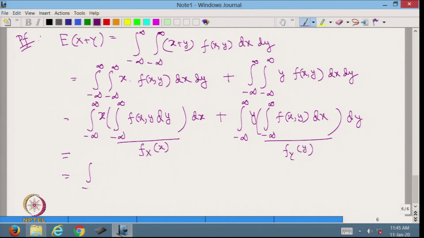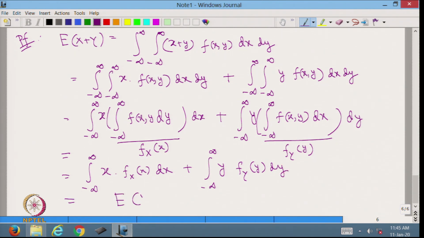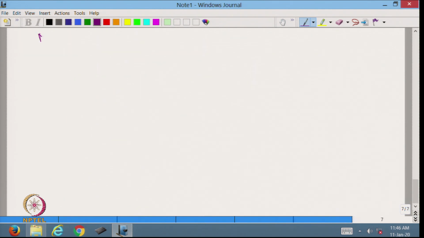Therefore, this can be written as the integral of x times f_X(x) dx plus the integral of y times f_Y(y) dy, which are nothing but expected value of X plus expected value of Y. Note that for the linearity of expectation, X and Y need not be independent.